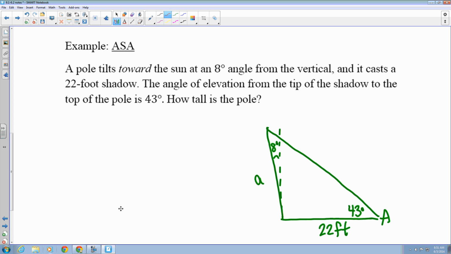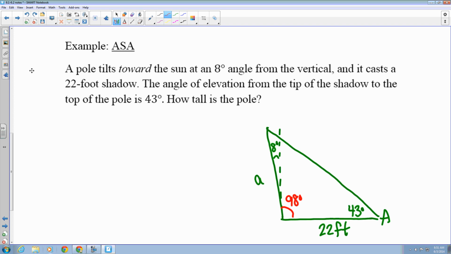Okay, so we have a pair. We always need a pair with law of sines. Our pair is the 8 degrees, oh, I'm sorry. I guess we don't, that always looked like that angle was on top. It is not. So undo that. There we go. This angle down here is 90 plus 8, so 98.